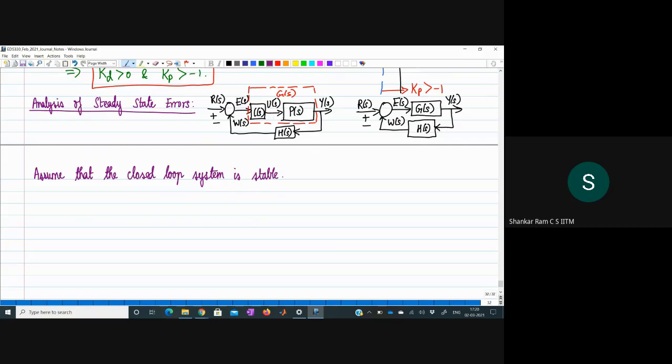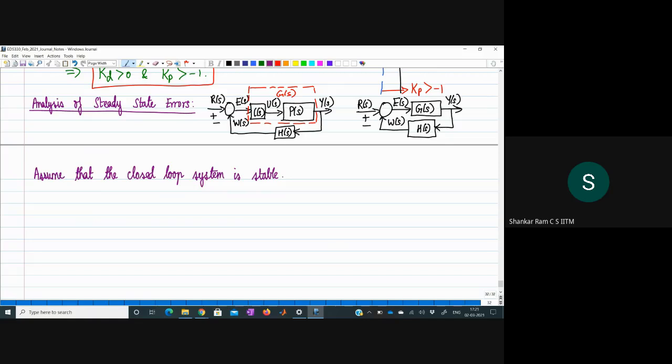Given these requirements, we need to figure out how we can analyze the steady state errors. But to analyze the steady state errors, the basic premise is that the closed loop system should be stable, because without stability, there is no point in talking about performance. Analysis of steady state error falls in the realm of performance. So we are analyzing the performance of the closed loop system by looking at the steady state error.